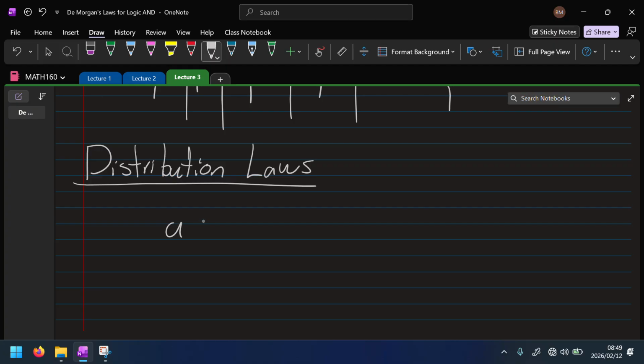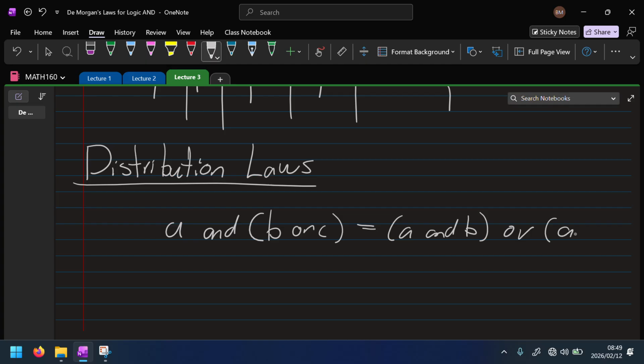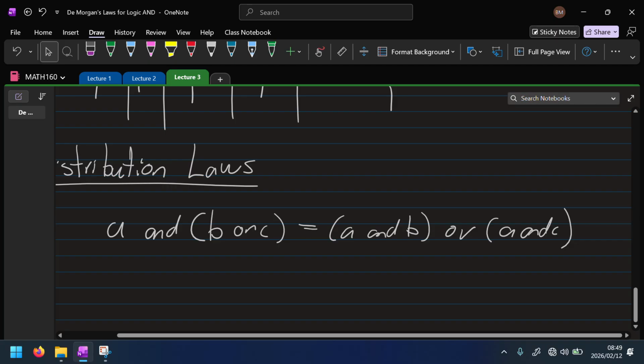So it is A and (B or C) is equal to (A and B) or (A and C). Remember these from last time? We proved those two statements.